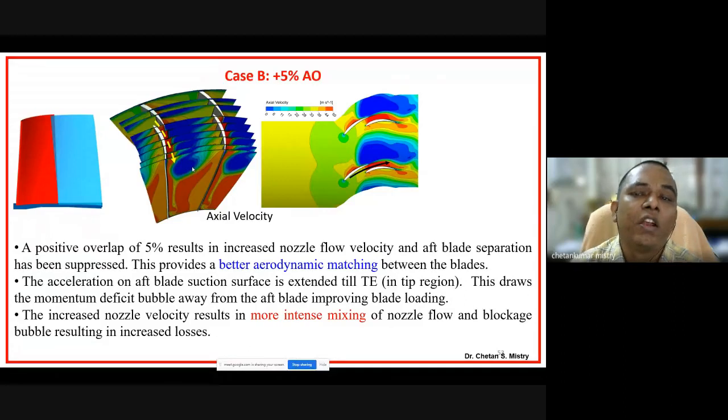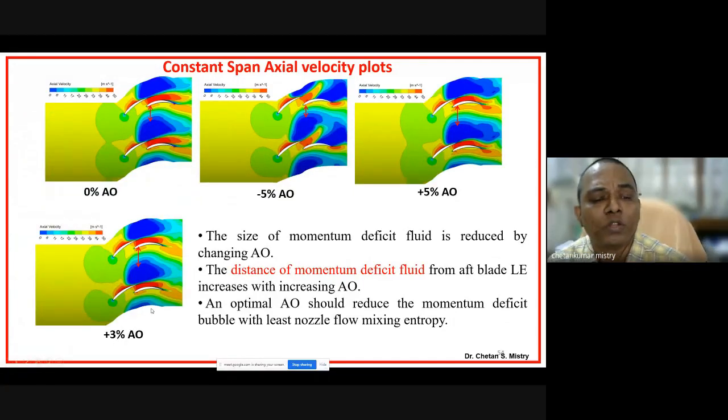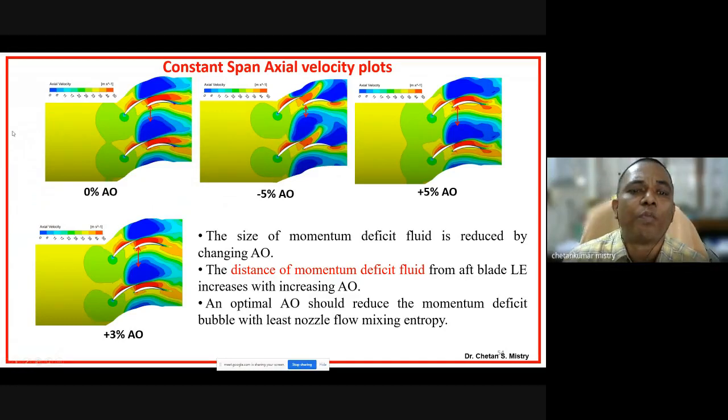You can see now you have clean flow for your rear blade. No doubt on the front blade you have great acceleration, which gives a lesser span in that sense. Then this iteration was continued up to +3% axial overlap. This is my final part, and you can understand the flow behavior, how the extent of separation changes with changing axial overlap.